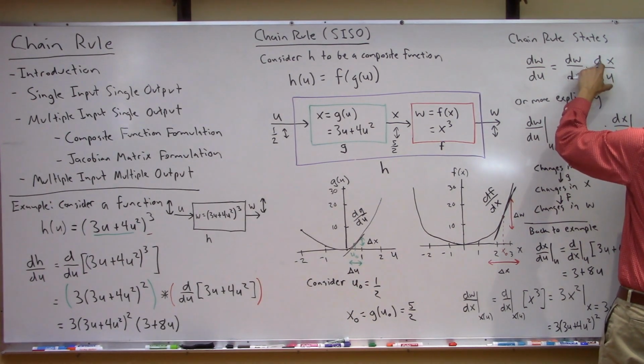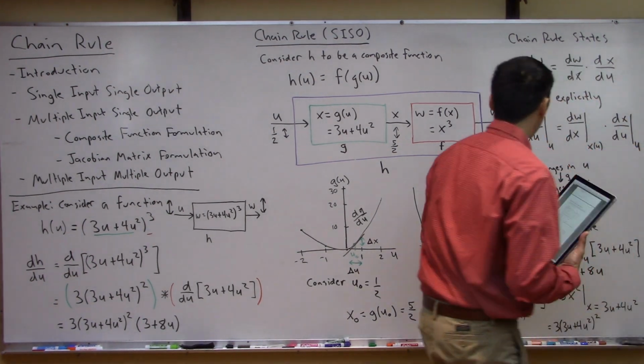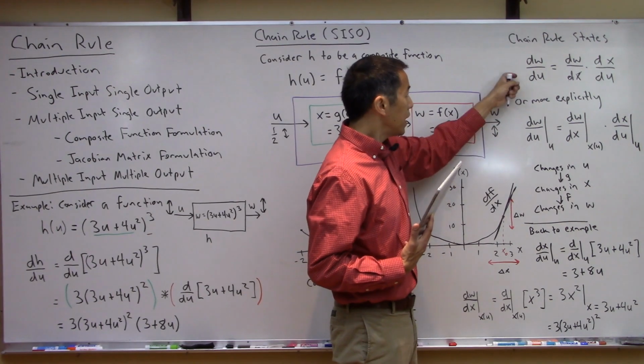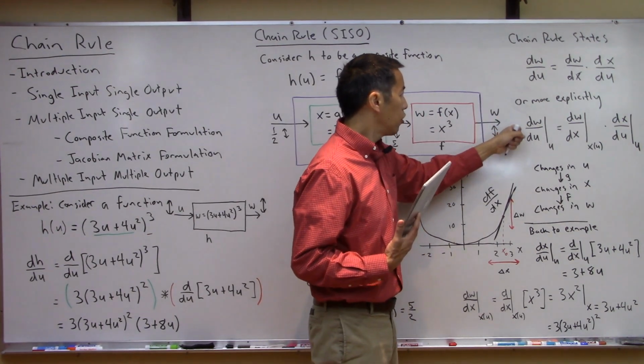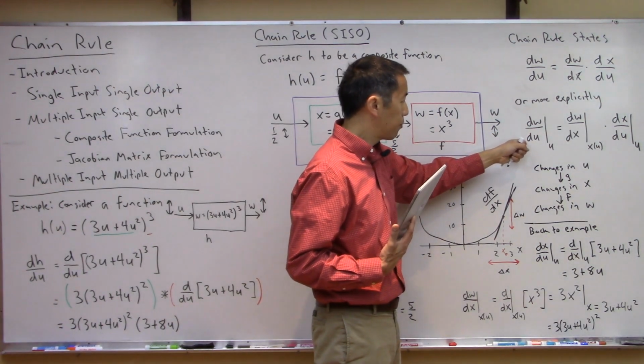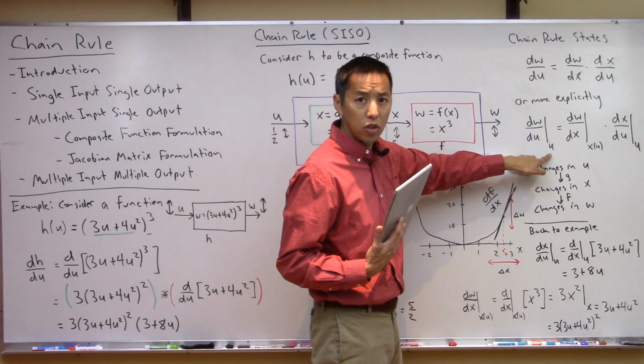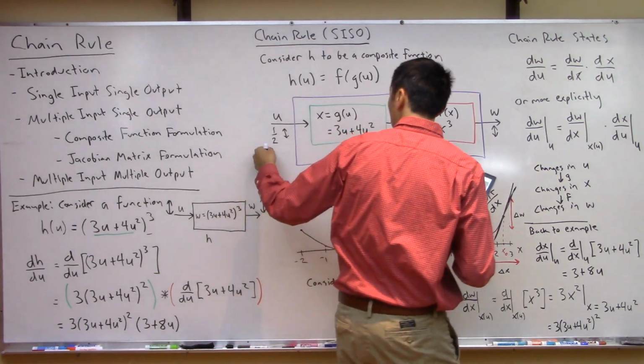And now that we understand the mechanics, we could be a little more explicit about this. We're talking about the output with respect to the input changes. This has to be evaluated at a specific location, u. In our case, this u was 1/2.